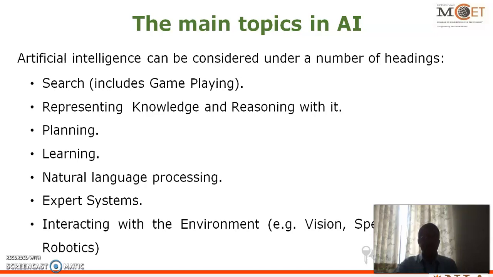Then natural language processing, where conventional natural language processing algorithms are used in artificial intelligence. And expert systems: an expert system is a knowledge base acquired from real world applications, stored in the form of a database, and interacting with the environment, based on vision or speech recognition, or robotic applications.